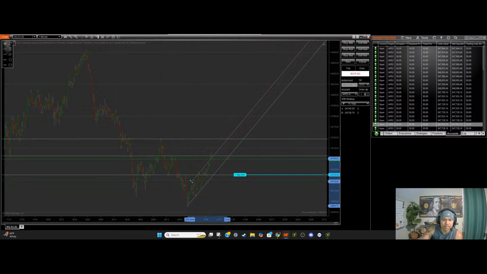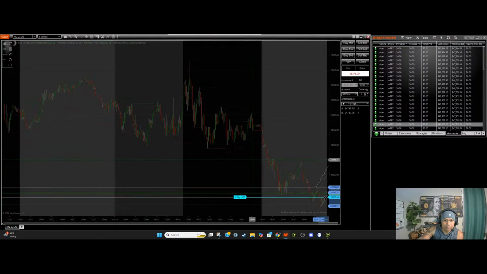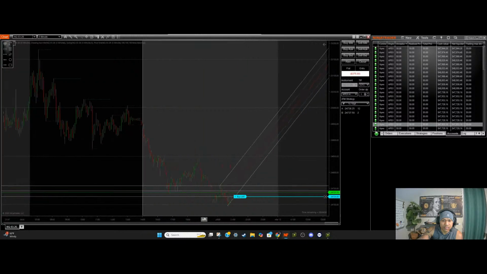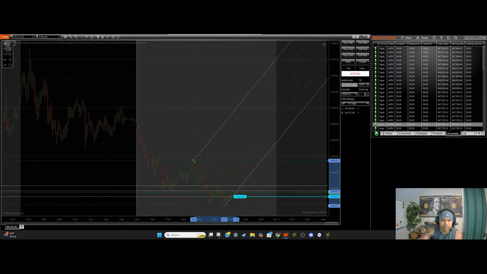Okay. And then once you overexpand that range, you want to switch to a bigger time frame like 5 minute, and then you can see where the next range is. So there's the next range right here, right? The 5 minute range is right there. Ultimately, you've got till 785, possibly 800, right?